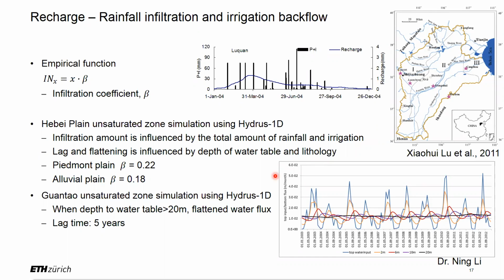In simple words, in Guantao, the depth to the groundwater table is larger than 20 meters, so the water entering the groundwater table is flattened over time. It usually takes about 5 years for the water to enter the groundwater table, which means when estimating the infiltration of 1 year, we can take the average of the infiltration water over the last 5 years.